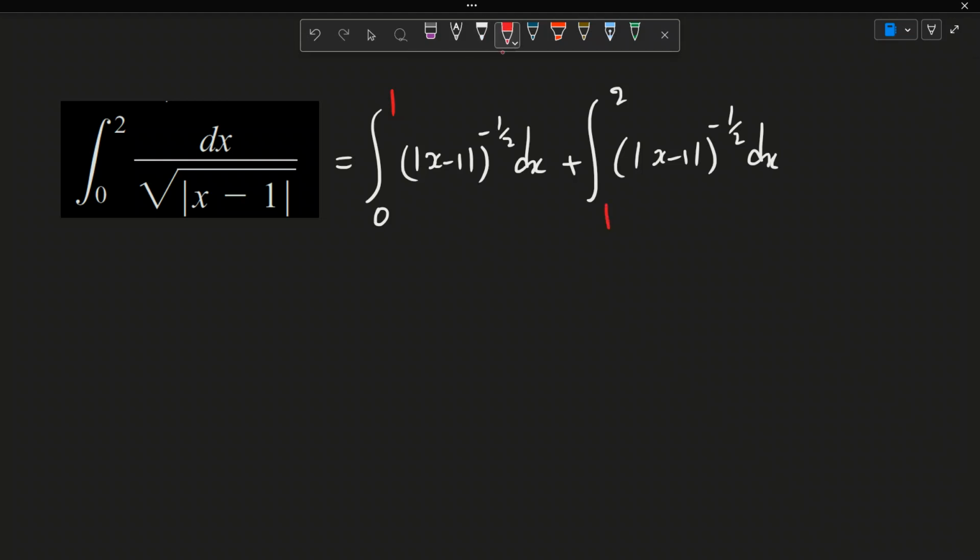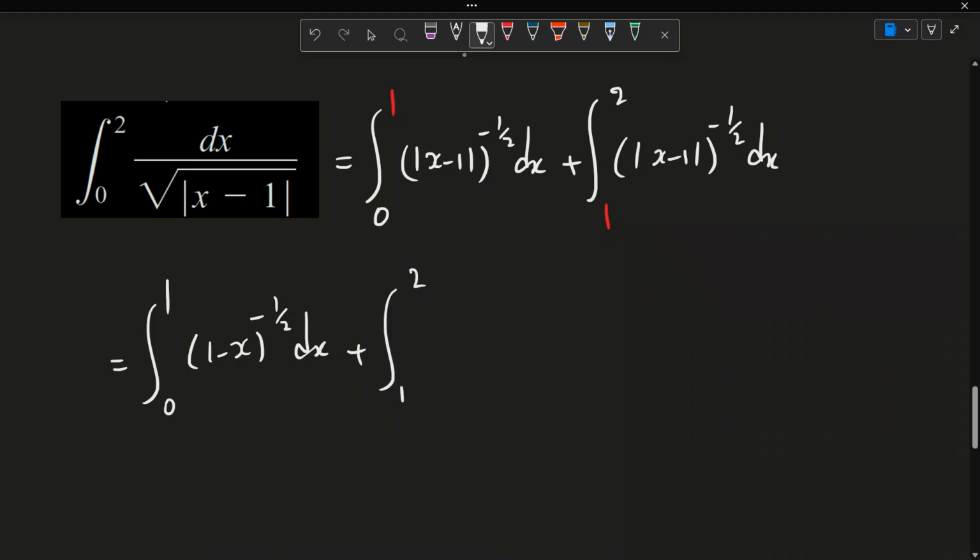So instead of 0 to 2, we wrote the integral 0 to 1, 1 to 2. But we know that when x is between 0 and 1, it is less than 1, then x minus 1 is negative, then absolute value of x minus 1 is 1 minus x. And the other one from 1 to 2, here x is between 1 and 2, x minus 1 is positive, then we don't need the absolute value, we just write x minus 1 to the minus half dx.